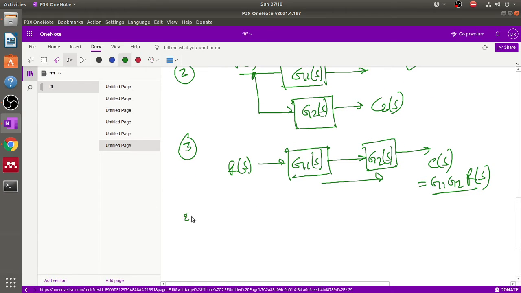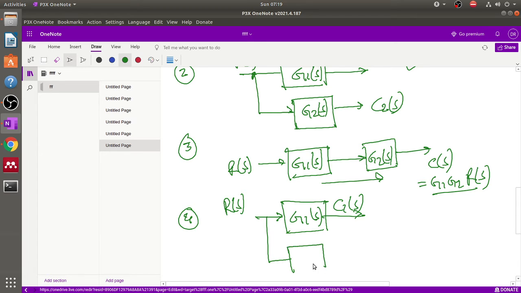Now, number 4, what is a parallel rule? First of all this R(s) is multiplied by G1(s), so the output equals C1(s). And again this R(s) is multiplied by G2(s), and here we add these two signals and get the output C(s). This adder is basically a summing amplifier, or an adder using an op amp.